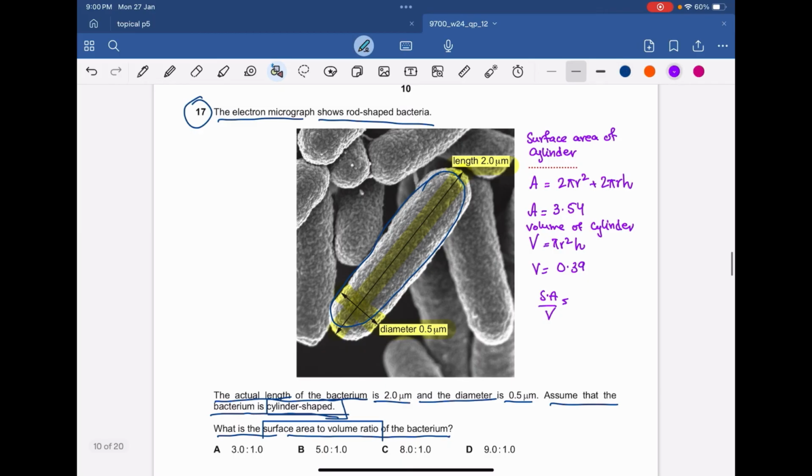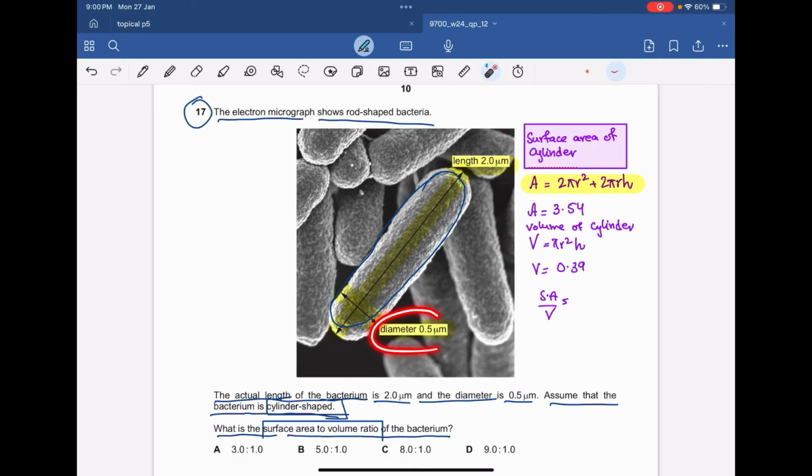So here we have the formula for the surface area of the cylinder. What is that formula? The area is equal to 2 pi r squared plus 2 pi r h. Now we know that the radius r is not given to us in the question, so how are we going to calculate r?